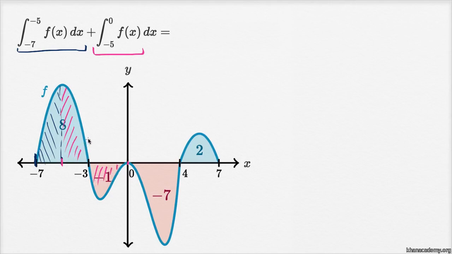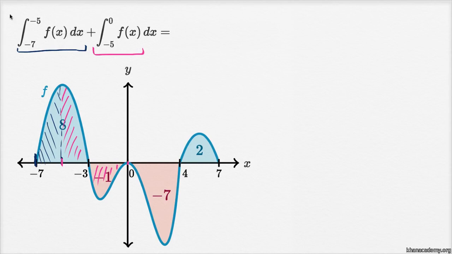Now, there's a couple of ways you could think about doing it. You could assume I have some symmetry here, and they don't tell it for sure, but it looks very symmetric around x equals -5, so you could assume that this 8 is split between these two regions. But an easier way to do it is just to realize, look, I'm going from -7 to -5, and then from -5 to 0, and I'm integrating the same thing, f of x dx.